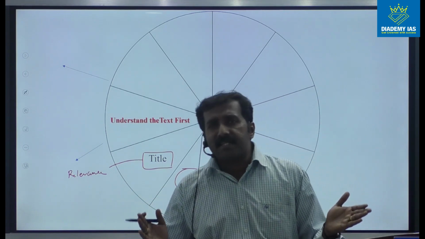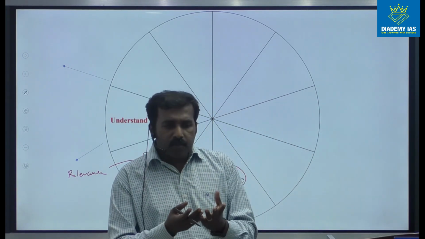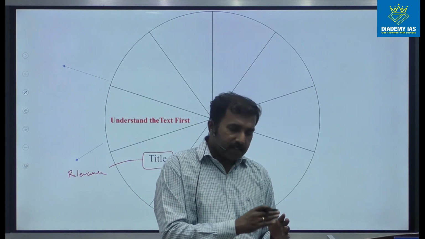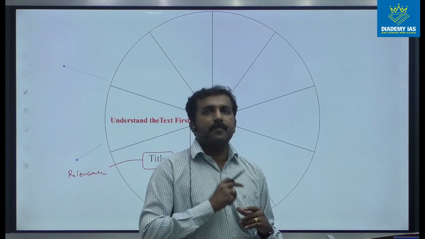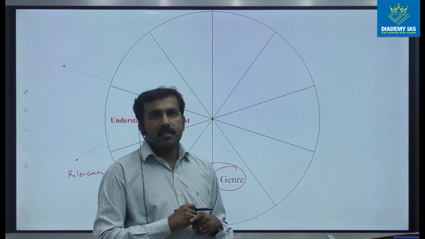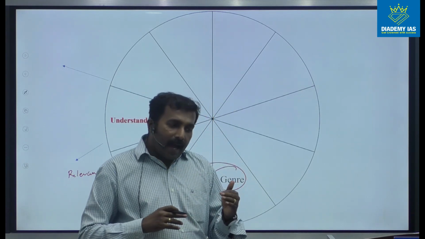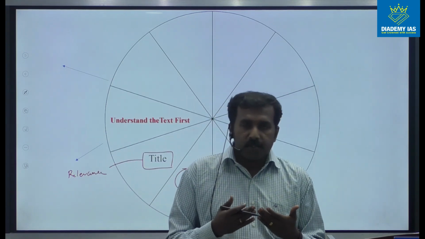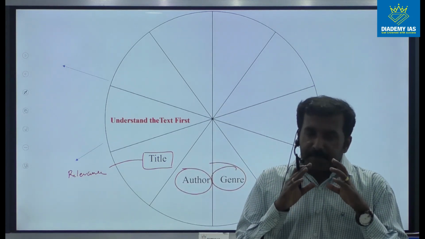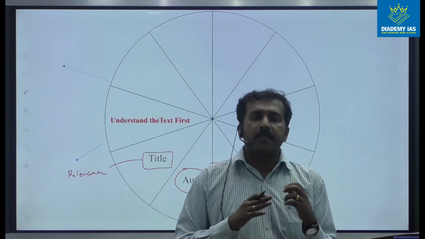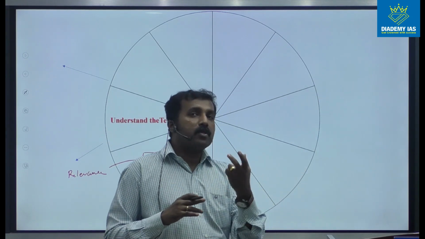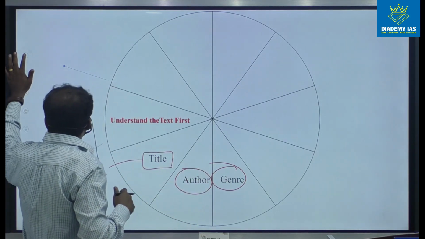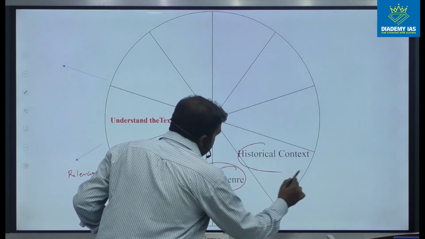So you have to understand a particular work, and the next step is about the author, the title, and which type of literary work we are reading. So you have to create a perspective about that particular work and make notes about the genre of that particular literary work.